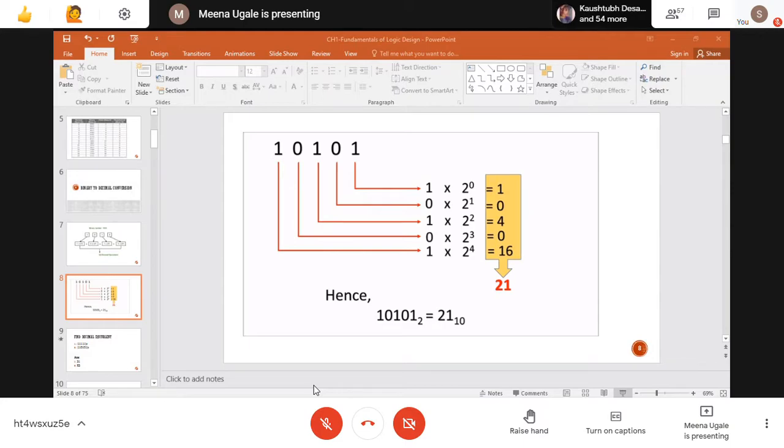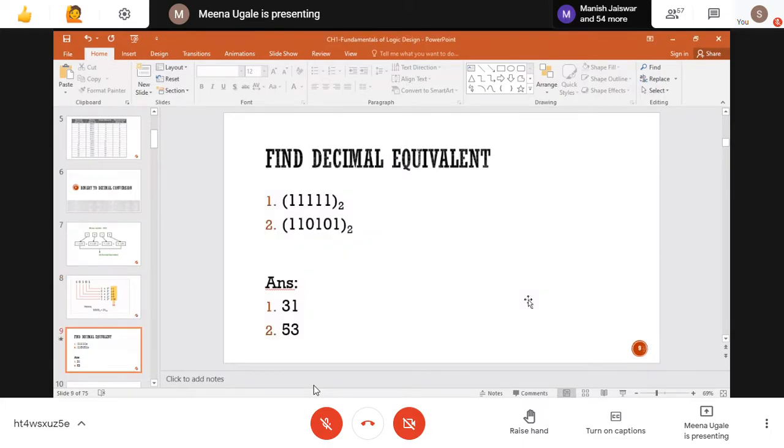I hope you all are understanding how we are going for conversion from binary to decimal. Now slide number 9 is visible.